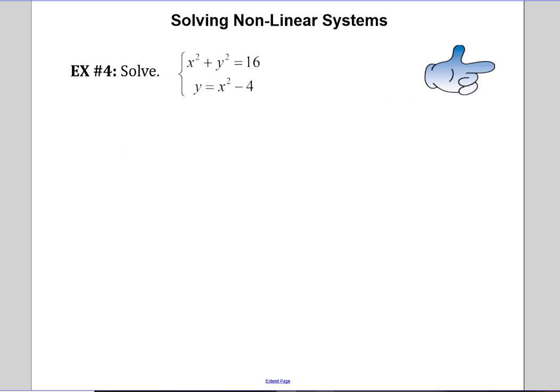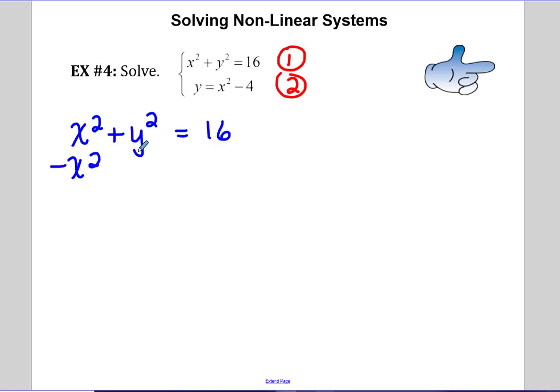In example 4, we have a circle here and a parabola here, and in a minute we'll look at the picture. So taking the equation of the circle and moving the x squared over with the y, and adding the two equations, we want to add like terms, so the x squareds are gone.